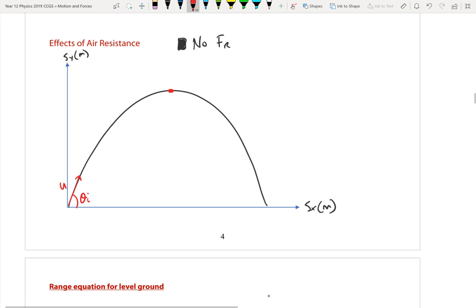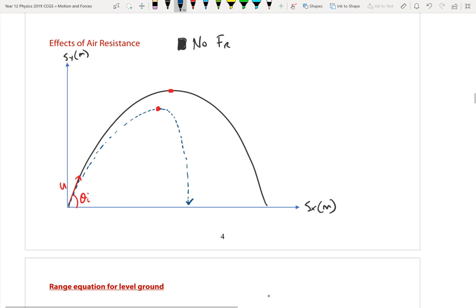Could you label theta initial, which would obviously be the initial angle of the projectile? Now, here's what I'd like you to do. With just a dashed line, I want you to start to peel away and make a turning point before the red line, below the red line. And then as you peel down, I want you to drop off really quickly, such that it is not symmetric. Okay?